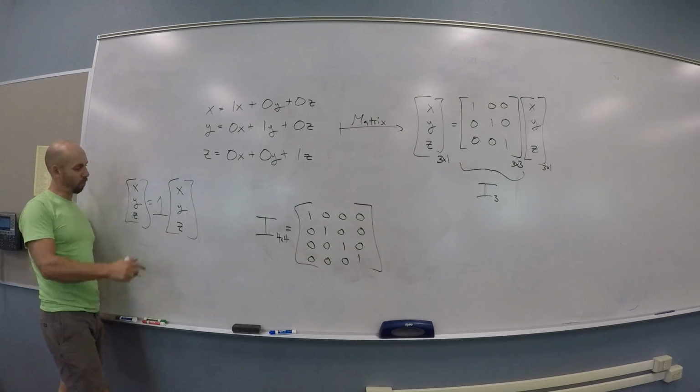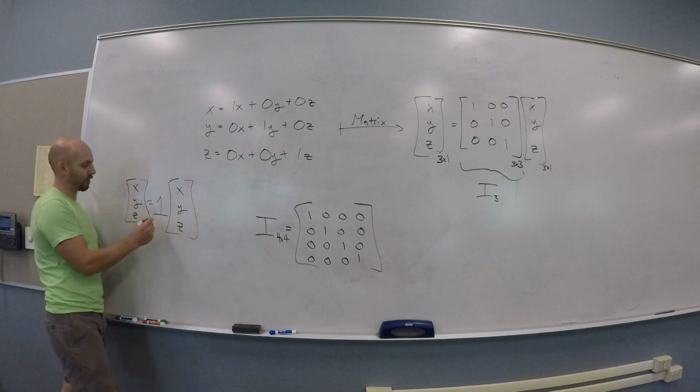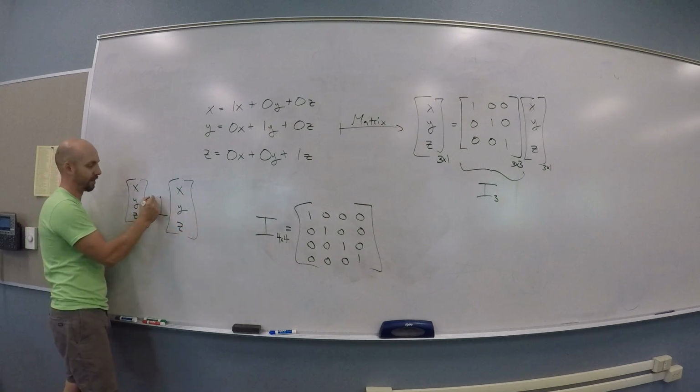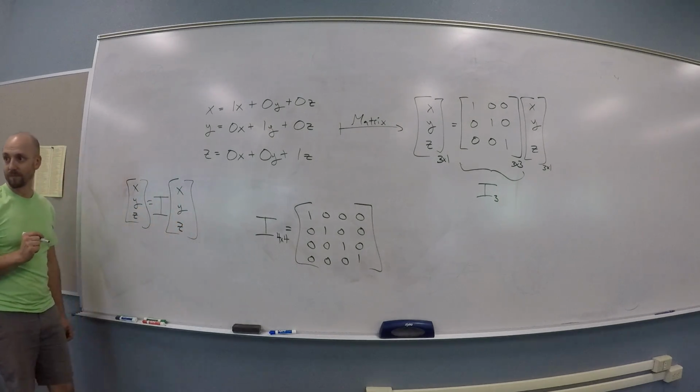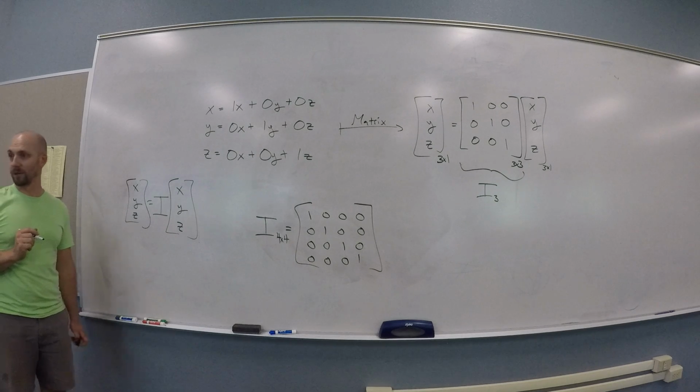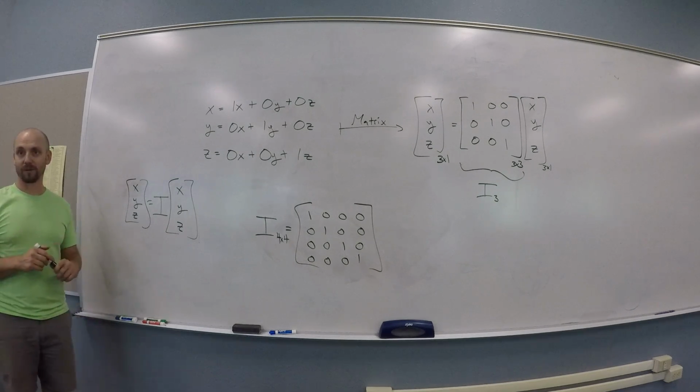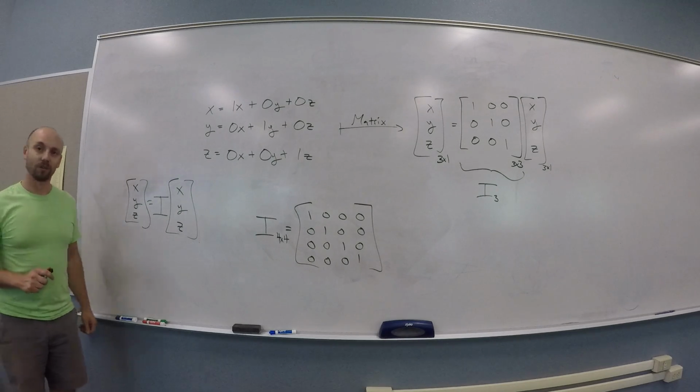If I want that 1 to be a matrix, I'm going to think identity instead. You guys all good with that? That probably doesn't feel super useful right now, is that true? Okay, cool. Let me show you what it's good for.